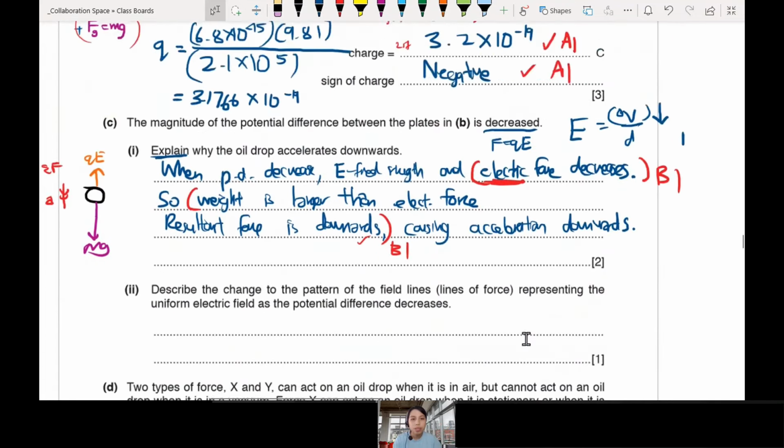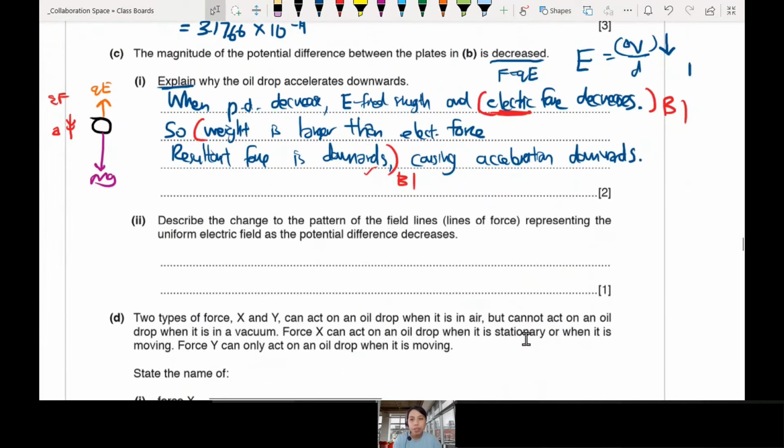Describe the change to the pattern of the field lines representing the uniform field as the potential difference decreases. So just now we said E equals V over d, right? If your potential difference decreases, your electric field strength decreases. How will we see that in the pattern of the field lines? Remember we draw, if the lines are very far apart, very weak field, weak.